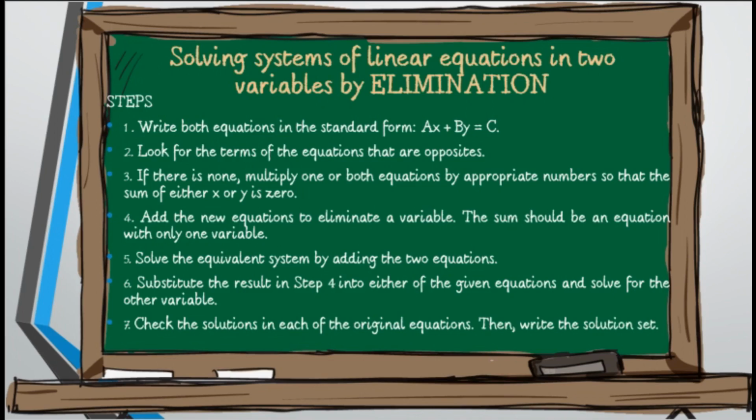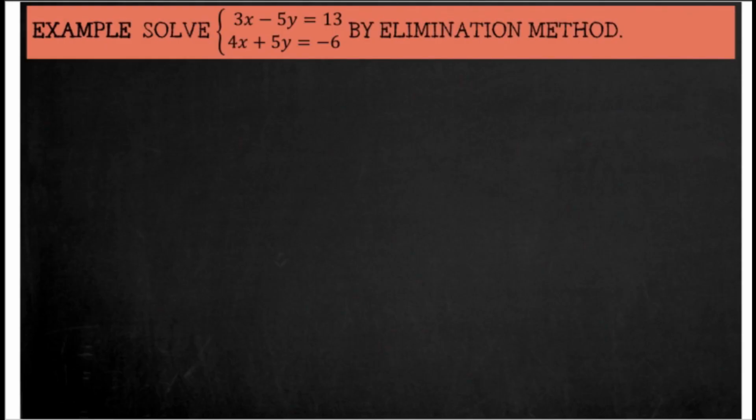And Step 7. Check the solutions in each of the original equations. Then, write the solution set. For example 1, solve the system 3x minus 5y equals 13 and 4x plus 5y equals negative 6 by elimination method.